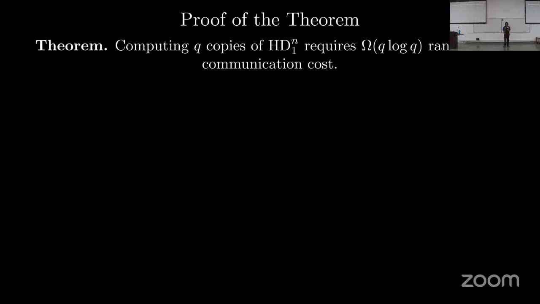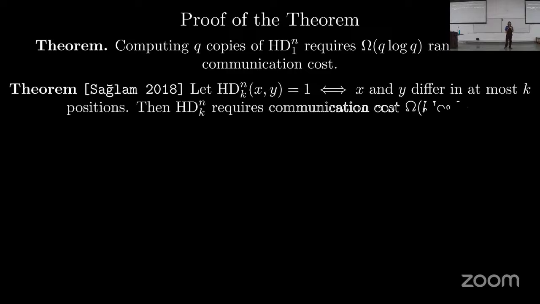We want to show that computing k copies of Hamming distance 1 requires k log k randomized communication cost. How do we do this? We stand on the shoulders of giants, in particular Saglam, who proved in 2018, in a giant tour de force, that Hamming distance k requires communication cost k log k.